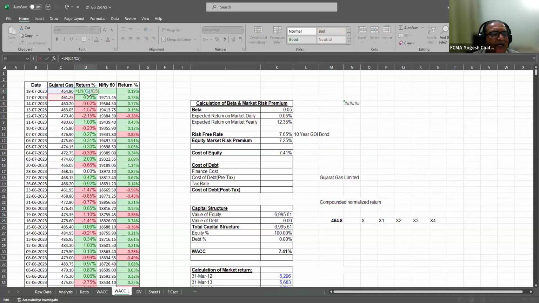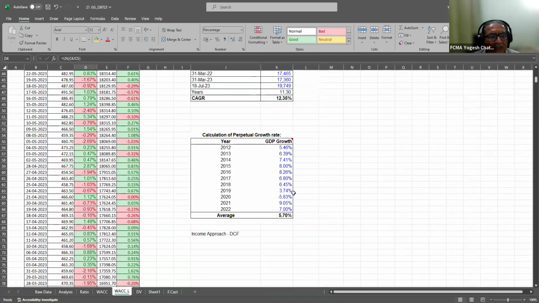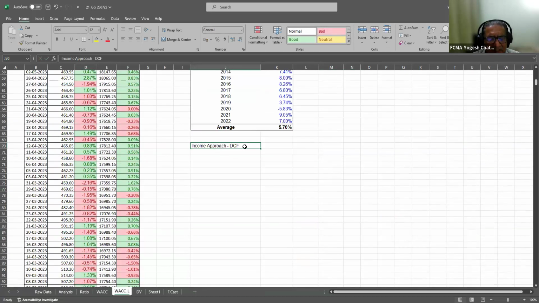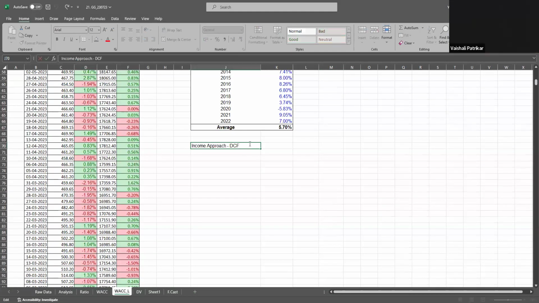You can see the formula, closing over opening, normalized through the log normal function. Likewise, Nifty. So I hope that is clear. Any further question, madam? No, sir. I understood that. Thank you.